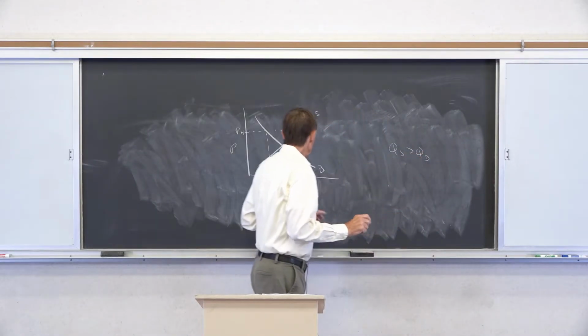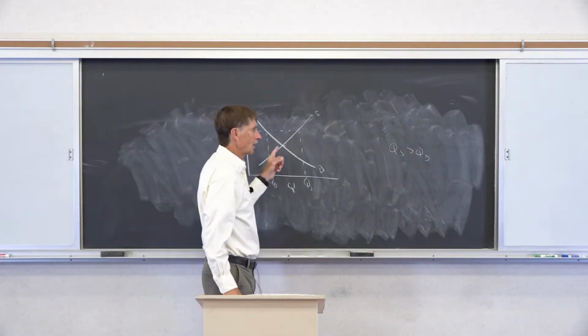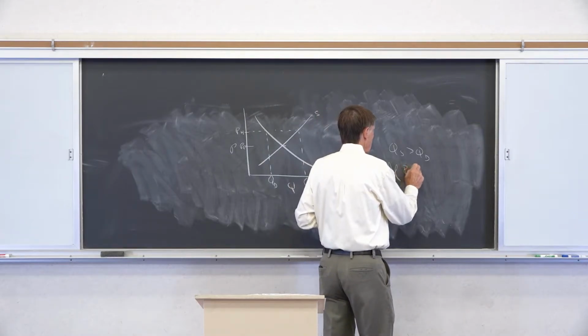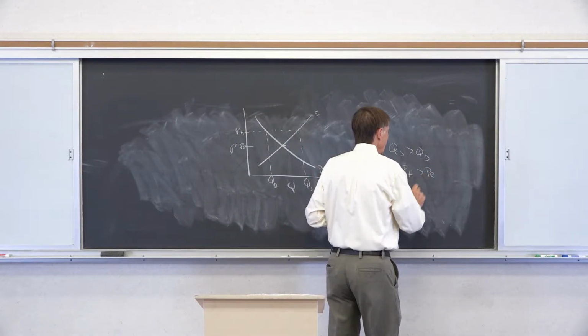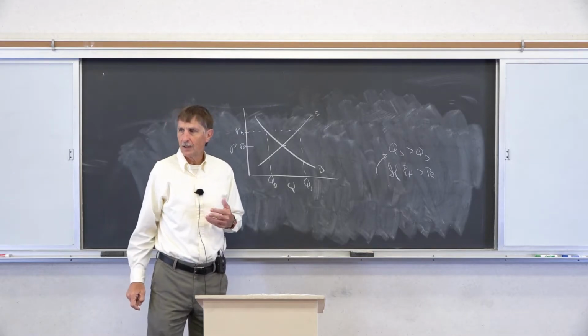We'll call this point PE. So if the price is greater than PE, the quantity supplied is going to be bigger than quantity demanded.